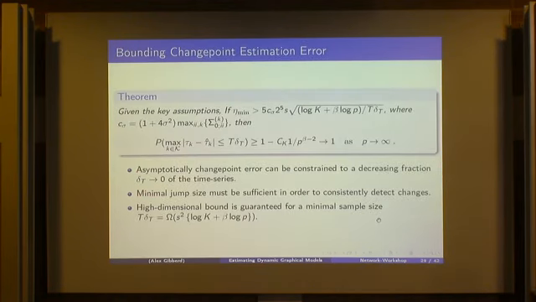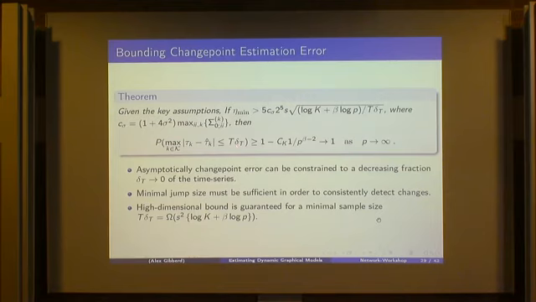Now, under those key assumptions, if you have this kind of jump size, these constants are, I don't think these constants are optimal, I think they can be improved. But looking at the rate, this is the jump size rate you require in order to say that the maximum error you encounter in estimating the change points can be bounded with high probability.